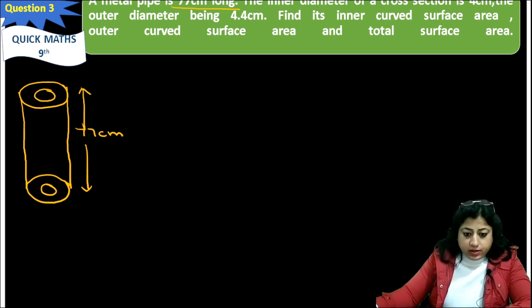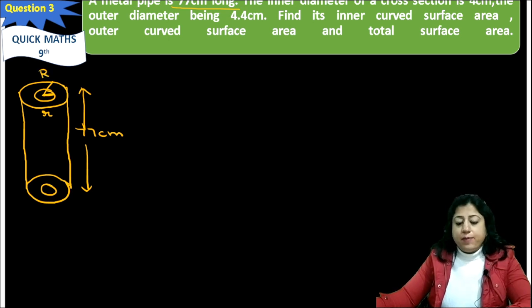Means if this is small r, and this radius is capital R, the outer radius is capital R, then he is saying the inner diameter of the cross section is 4 centimeter.